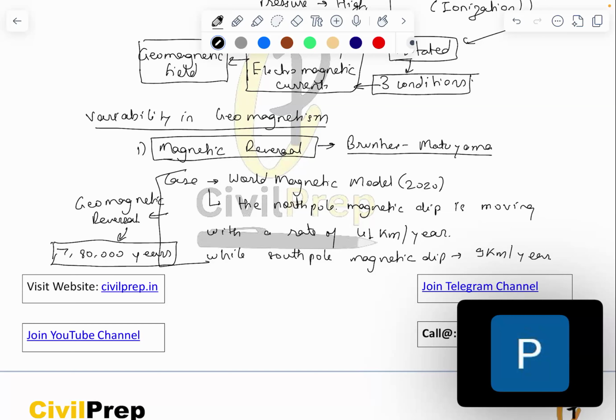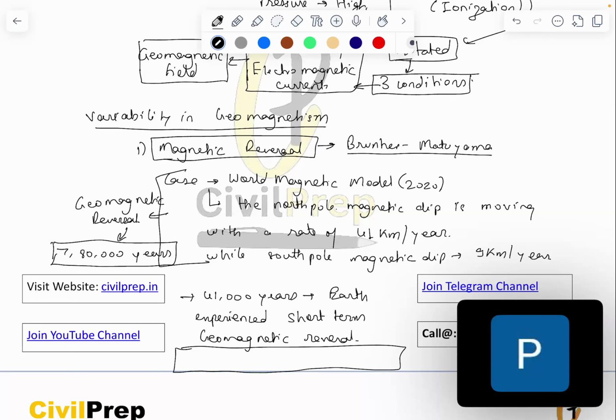Okay. Now, one part here is that approximately 41,000 years ago, the Earth experienced a short-lived geomagnetic reversal, a short-term geomagnetic reversal, and this phenomenon is called the Laschamp excursion. The Laschamp excursion was the sudden reversal in the geomagnetic field that took place.